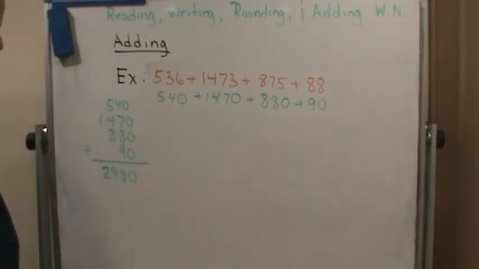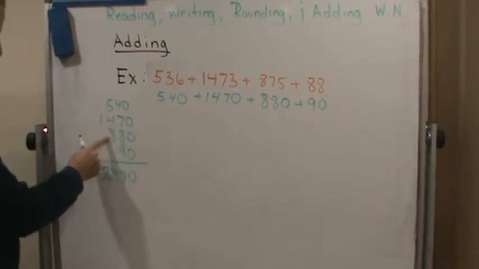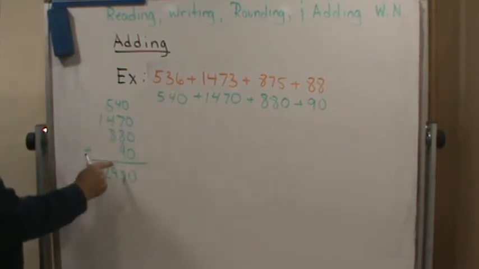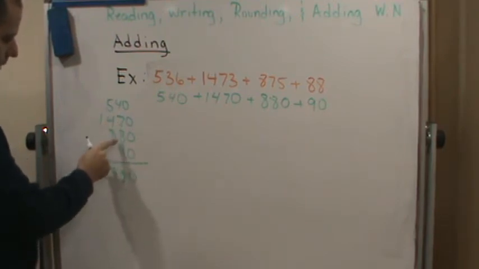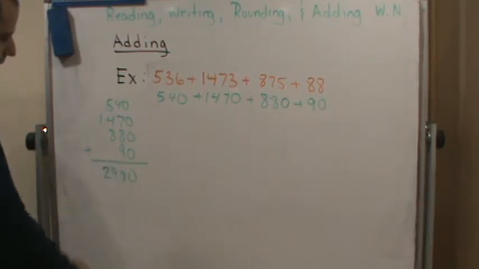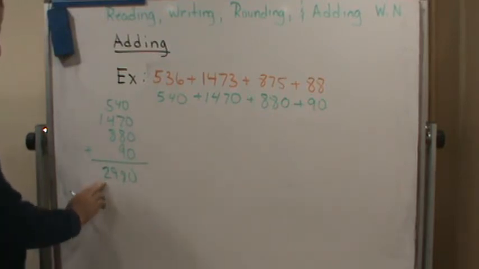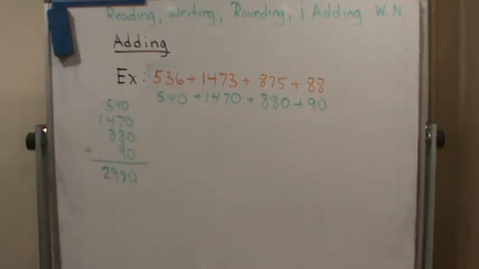Okay? Right? So 2,700, 2810, 2890, 2980. That's what I got. And so my estimate should be close to 2980.